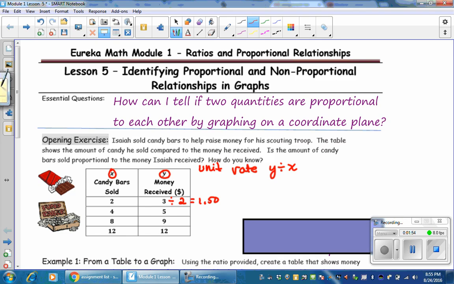So you want to make sure that you're doing this on your calculator instead of just copying it down. You actually want to practice it. So $5 divided by 4 candy bars, and on your calculator that will give you 1.25.